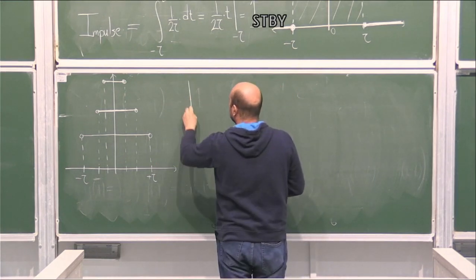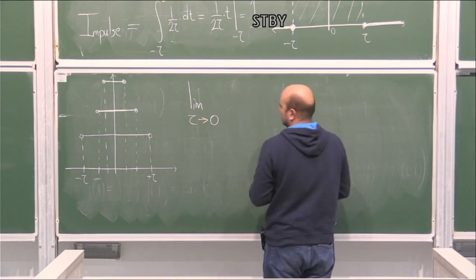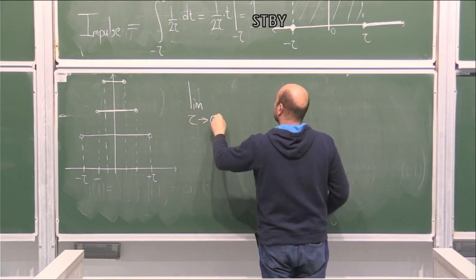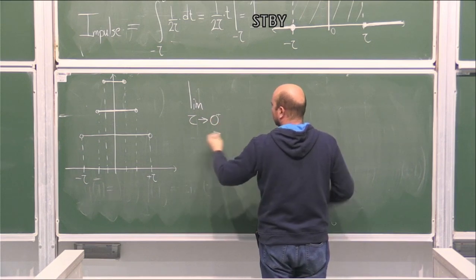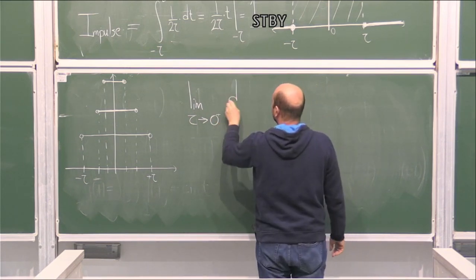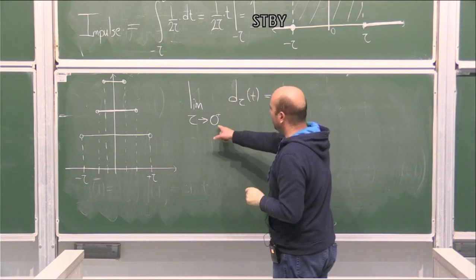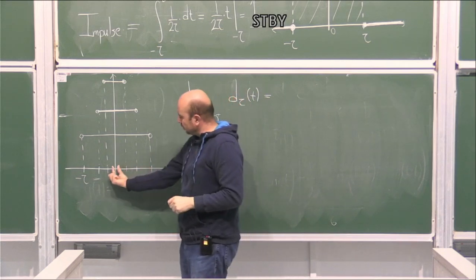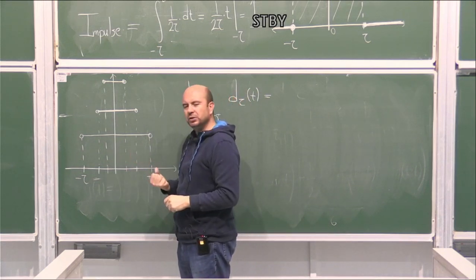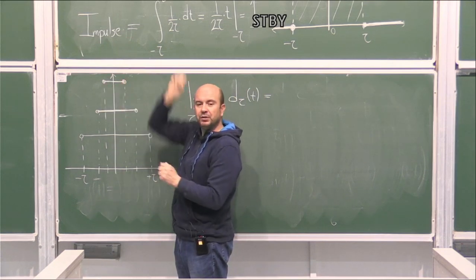If you look at the limit as tau goes to 0, from the right, actually, because tau is a positive thing. As tau goes to 0, the intervals are getting smaller and smaller, but your force is getting bigger and bigger.